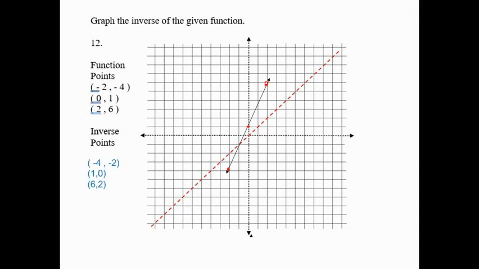For the inverse points, we just have to switch our x and y's, and notice that we have an inverse line. The original and inverse cross at this diagonal line, and this diagonal line is the line of symmetry, which is y is equal to x.